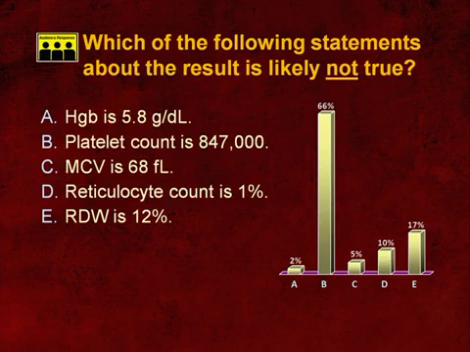What the point I want to get to here is the RDW. The RDW is the distribution width. So when we talk about red cells, we talk about their size. But not every red cell is 68 femtoliters. They're not all the same size, right?